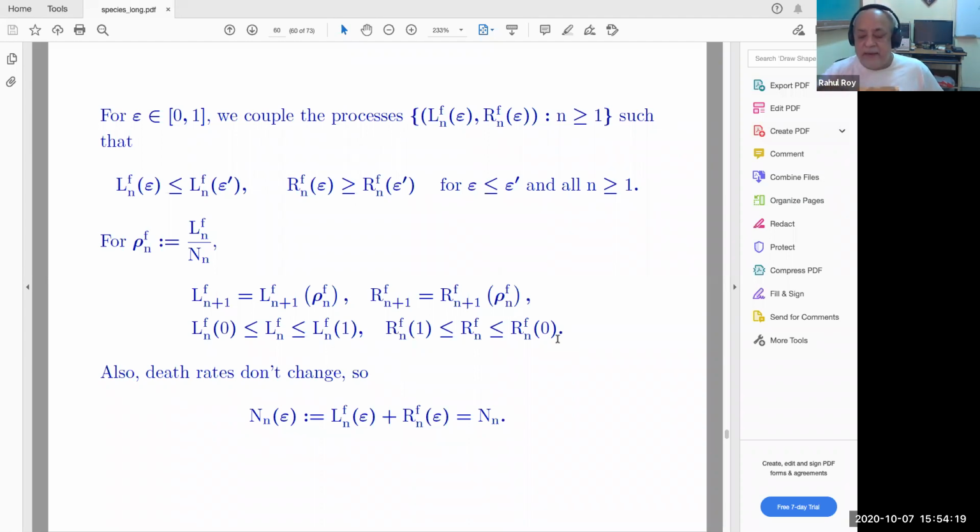And because the death rate doesn't have anything to do with the fitness, or the left or the right, because the deaths are just happening with probability 1 minus p, the total population at time n remains unchanged. In other words, N_n of epsilon, which is the sum of this, is the same as N_n.